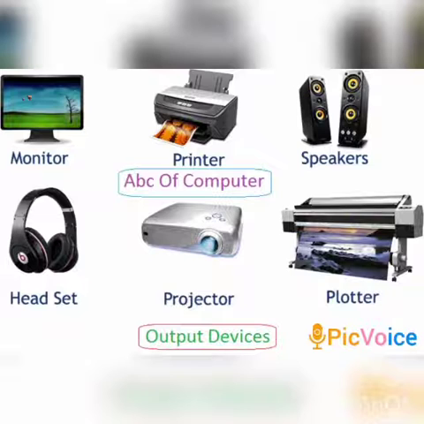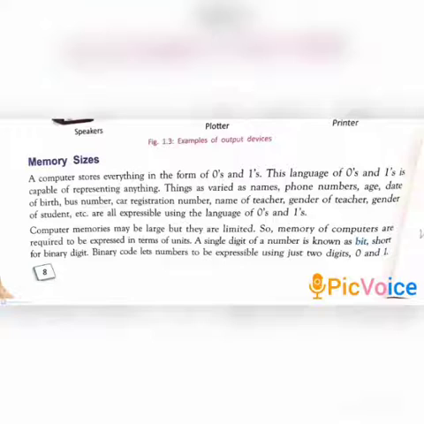Okay, do you understand? Then memory sizes. A computer stores everything in the form of zeros and ones. A piece of computer memory can be represented by a series of zeros and ones, with 1 digit for each bit of memory.